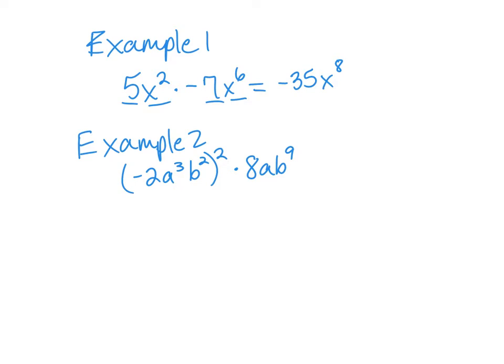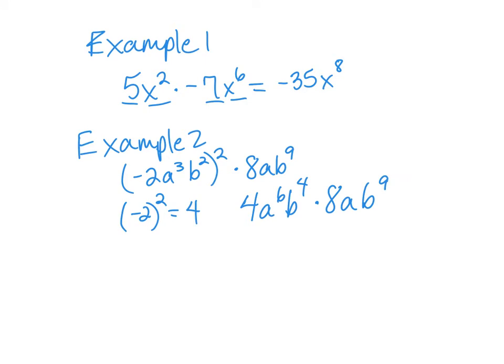We're going to square everything on the inside. So negative 2 squared, if you type that in your calculator, becomes positive 4. And then a to the 3rd squared, so 3 times 2 becomes a to the 6th. B squared squared, 2 times 2 becomes b to the 4th. And then times 8ab to the 9th.